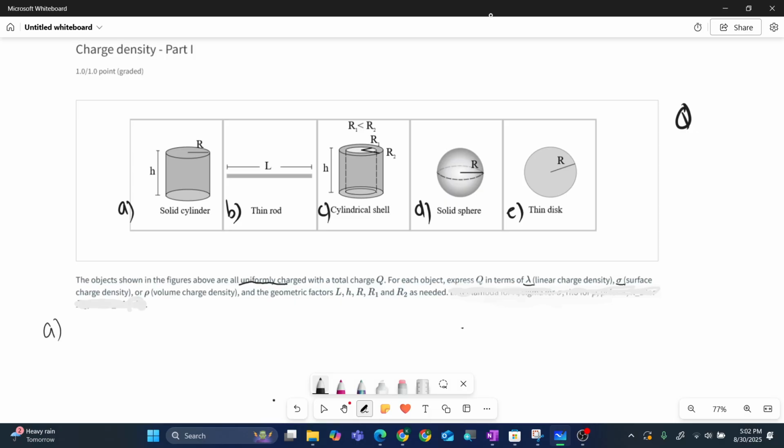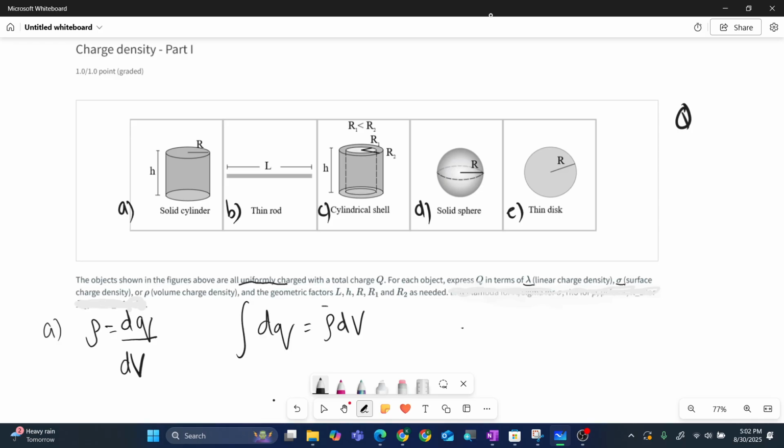So I can see that this is a three-dimensional figure, so I will use rho, volume charge density, and I know the formula, which is equal to dQ over dV, which I have done a few minutes ago. Okay, so now let's rearrange this.